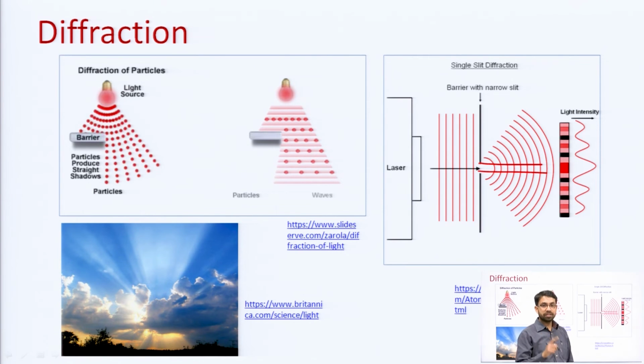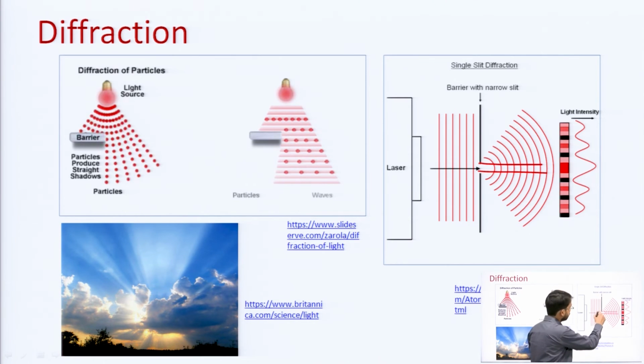The size of the slit or the size of the particle should be comparable with the wavelength of light. If the size is very high in comparison to the wavelength of light, then we do not get a diffraction pattern. Okay.